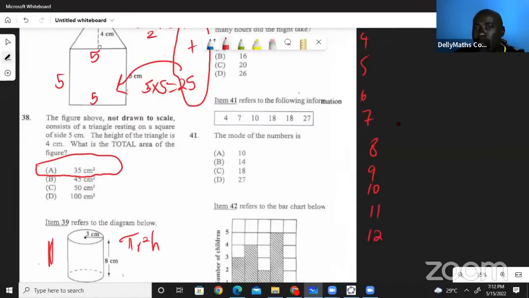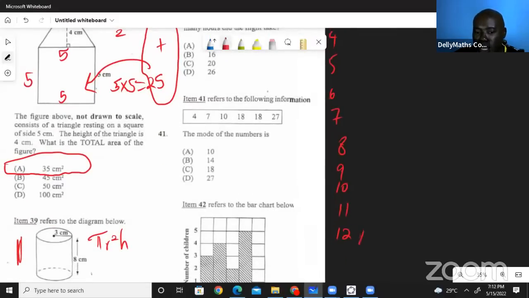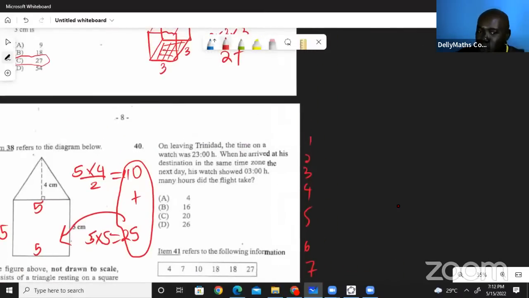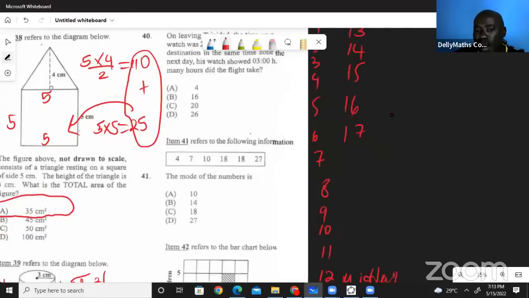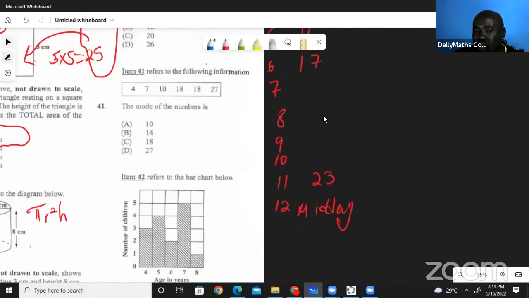The moment you step over 12 midday, the moment you touch 1 second over that, we have gone into the other realm. So by 1 o'clock it's 13, by 2 o'clock it's 14, then 15, 16, 17, and it goes all the way up. By the time you reach here it's 23, and by the time it reaches 12 midnight, it goes back to 00.